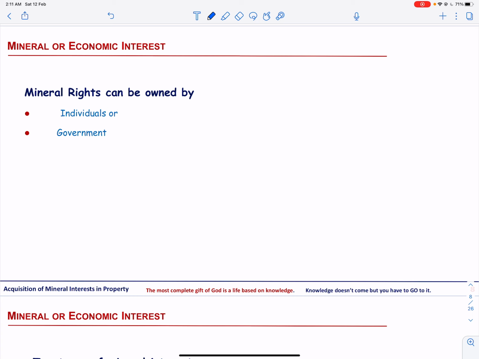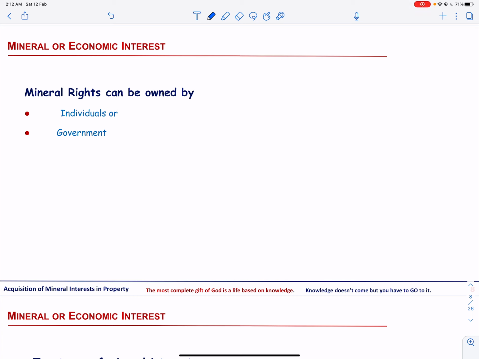In many countries other than America, the mineral rights are with the government or a government entity, such as the Ministry of Petroleum. So the oil and gas companies must obtain a mineral interest by executing lease agreements with those governments.